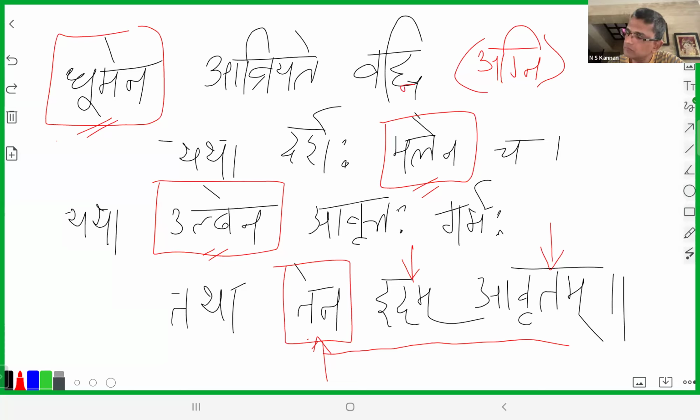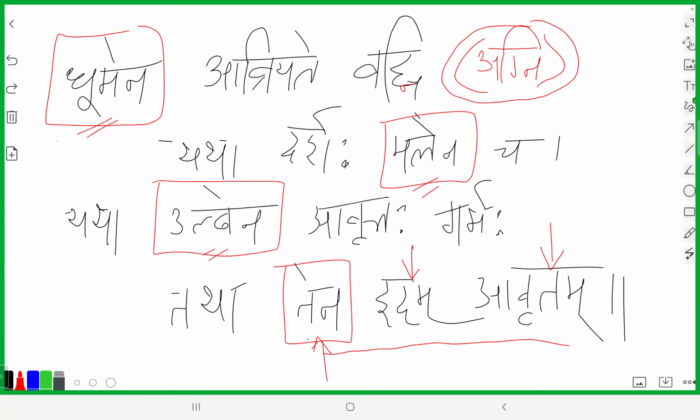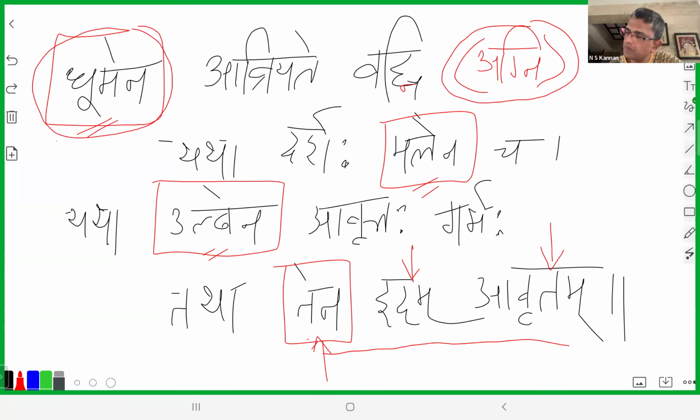I'm using both pronouns, right? So just as the fire, Agni, is covered by dhuma. When you have fire, it is covered by smoke. But it's very easy to clear the smoke. You just give one whiff of air, and the smoke is gone.